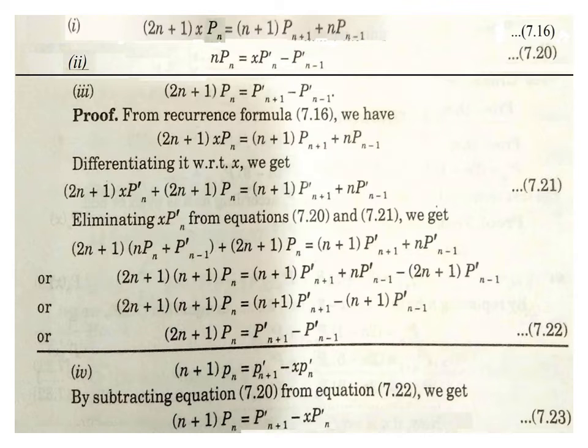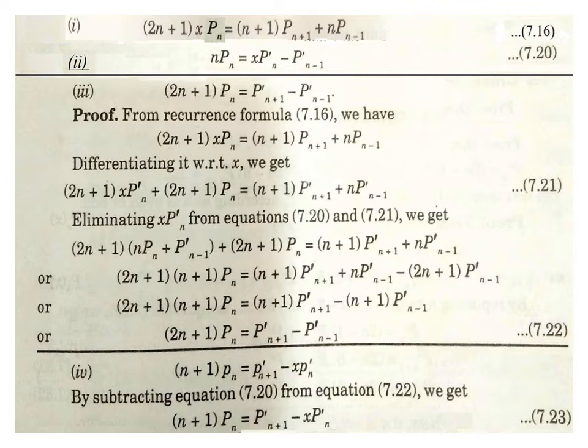On the left-hand side, 2n plus 1 is constant, x is invariant, and the differentiation of Pn is Pn dash. Then, using the product rule, again the constant 2n plus 1, Pn invariant, and the differentiation of x is 1. On the right-hand side, n plus 1 is constant and Pn plus 1 is differentiated to Pn plus 1 dash, plus n constant times Pn minus 1 dash, the differentiation of Pn minus 1.